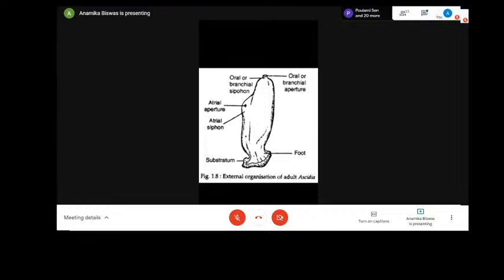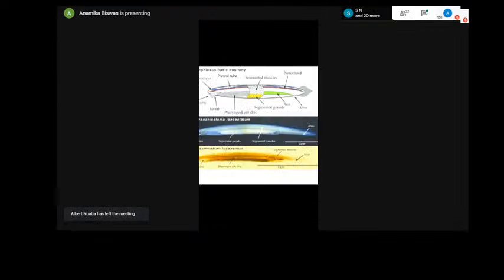So this is Ascidia. It is under Urochordata. Next, another protochordata is Amphioxus. Amphioxus is under Cephalochordata.